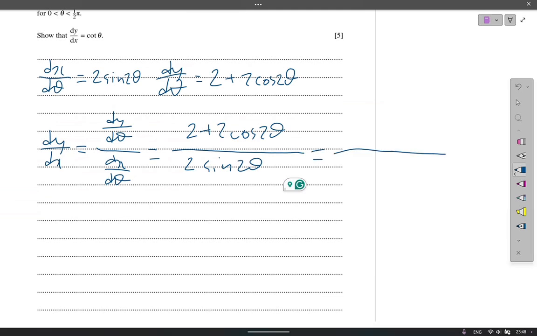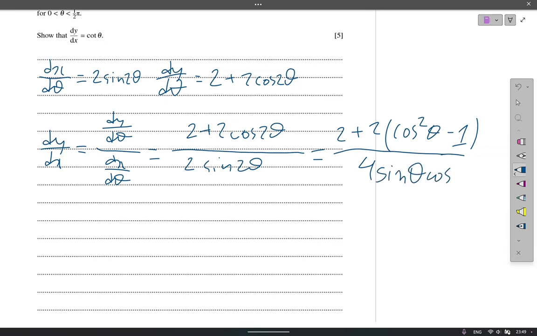If we write the cosine 2 theta and sine 2 theta in terms of just theta, if we expand them, we can get cosine squared theta minus 1 over 2 sine theta cosine theta.